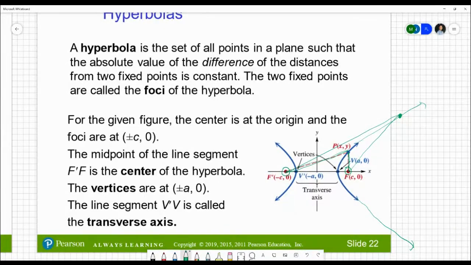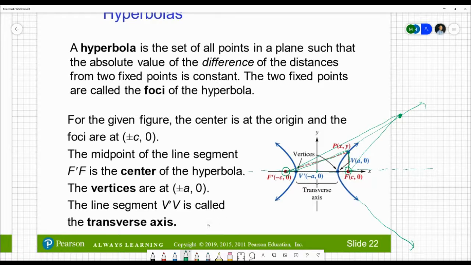All right, so for the figure, the center is at the origin. Again, my h, k here is 0, 0. And the foci are at plus or minus c. Now we have an axis of symmetry here, just like a parabola, running through these two foci. So this is a horizontal axis of symmetry.